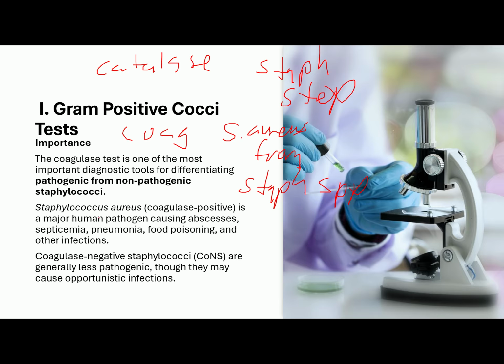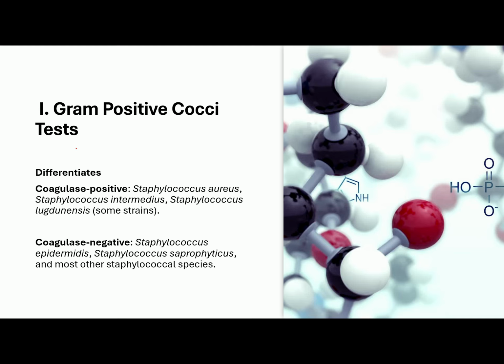Specifically, staph aureus from other staph species, yung mga coagulase negative. So this has been discussed in your lecture class. The most common is yung Staphylococcus saprophyticus, something like that. So it differentiates coagulase positive Staph aureus, intermedius, lugdunensis from coagulase negative Staphylococcus epidermidis, Staphylococcus saprophyticus, and most other staphylococcal species.